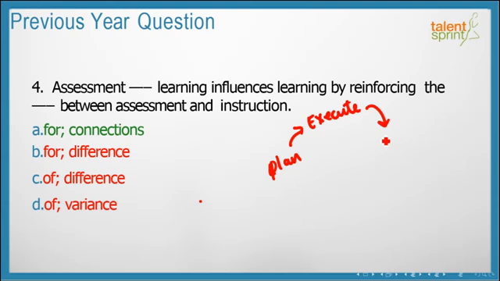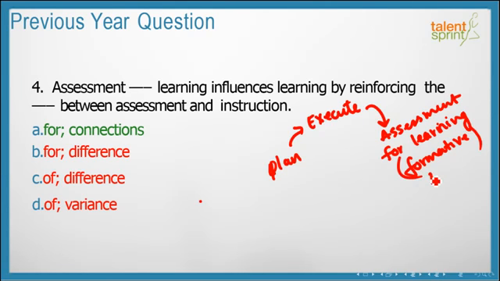After executing, I'm going to conduct, what is this? Assessment. What is this assessment, of learning or for learning? Assessment for learning, or what is called formative assessment.